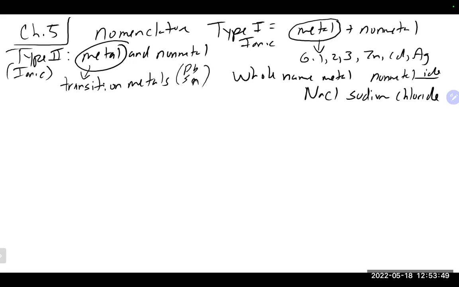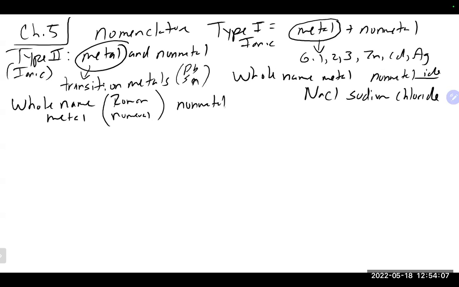So in these, we have to figure out the charge on the positive guy and use a Roman numeral. So we use the whole name of the metal, we use a Roman numeral, and again, the non-metal takes the IDE here.